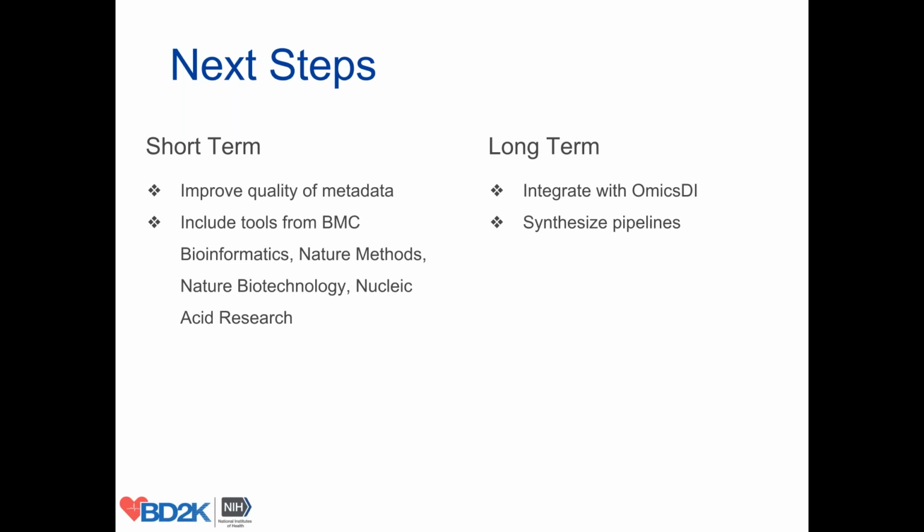We're also looking to expand our database to include tools from various journals, including BMC Bioinformatics, Nature Methods, Nature Biotechnology, and Nucleic Acids Research. Currently, we have just the Bioinformatics journal, but I think in the next few months, we'll be able to expand to the next few journals.